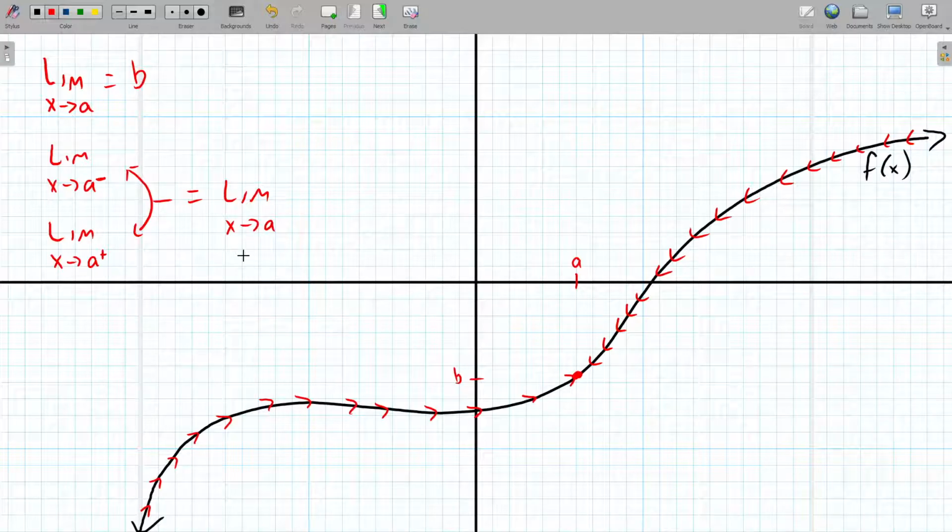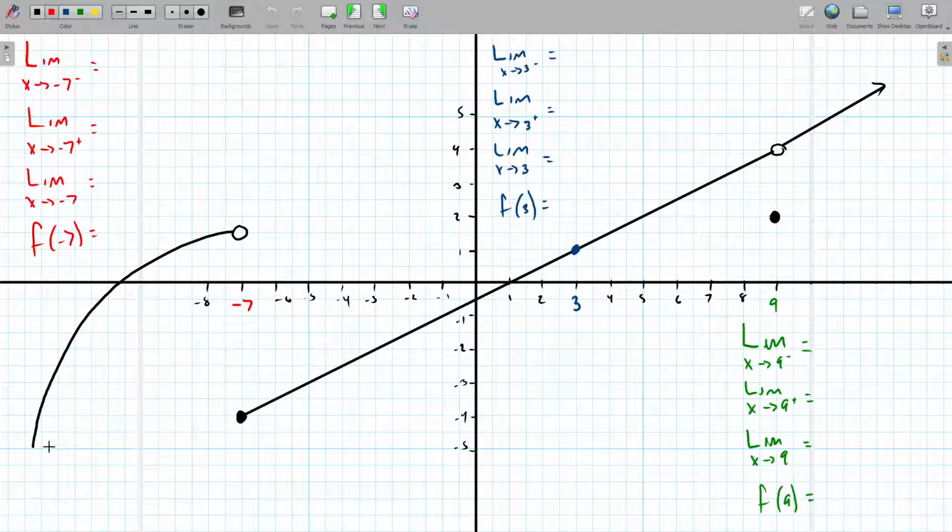Okay, so in order for this limit to actually exist, we need both the left-sided limit and the right-sided limit to be the same value. Alright, not only can we look at the limits at a specific point, we can also analyze what is the actual functional value at that specific point. So this gets a lot easier to see with several examples.